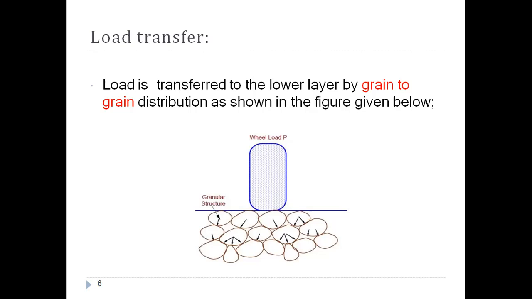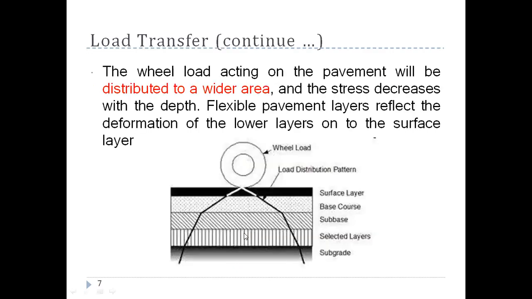The load is transferred to the lower layer by grain to grain distribution, so the wheel load acting on the pavement is distributed to a wider area and the stress decreases within the depth. So the flexible pavement layers reflect the deformation of the lower layers onto the surface layers.